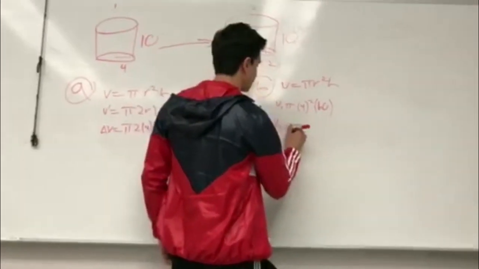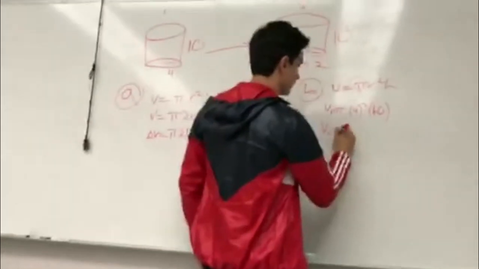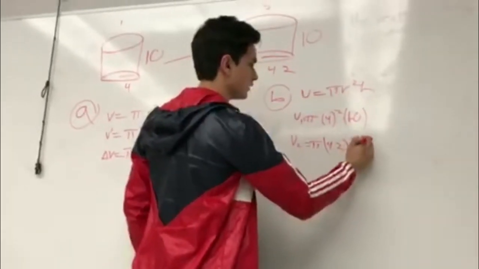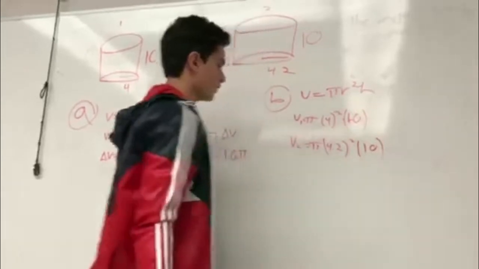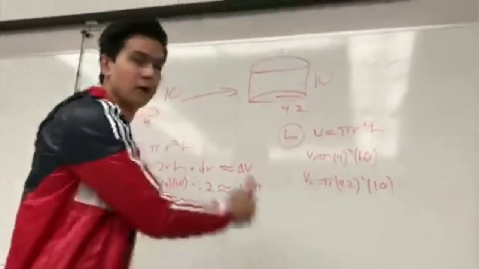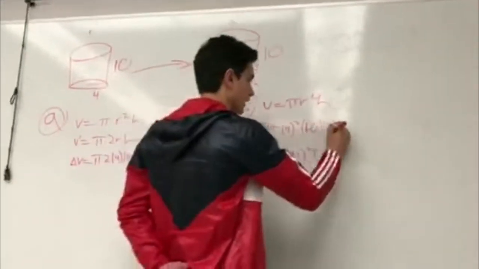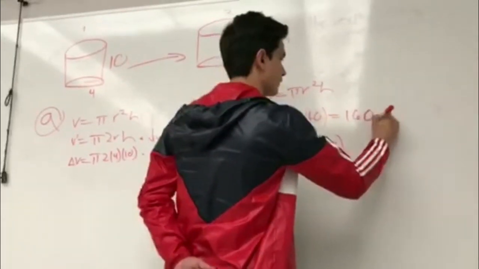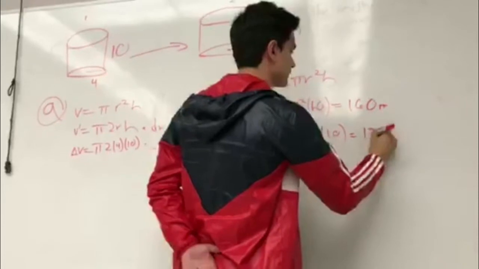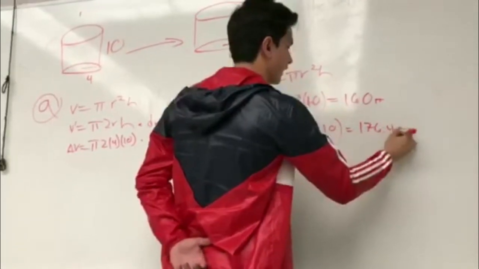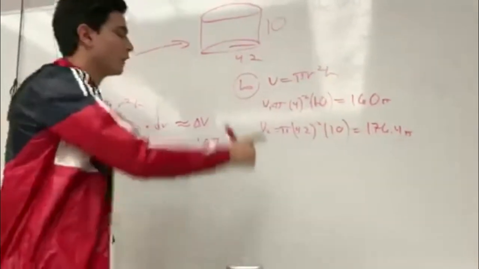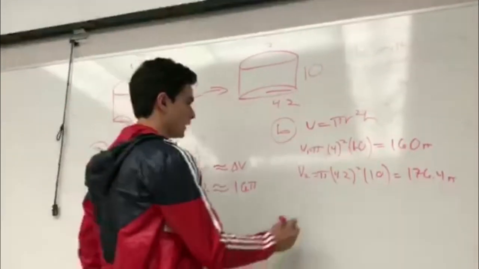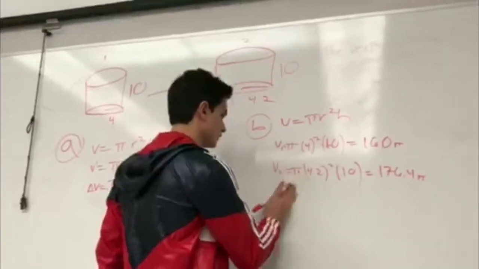The volume of the second cylinder is going to be pi times 4.2 squared times 10. Okay, so just plug that into the calculator and we should get approximately 160 pi and 176.4 pi. So now that we have the volume of each, we can subtract.